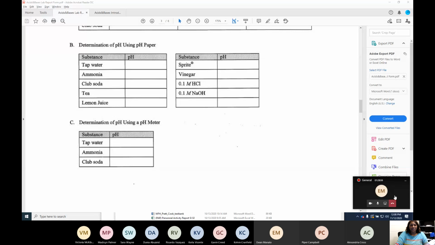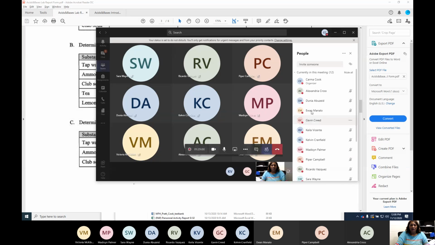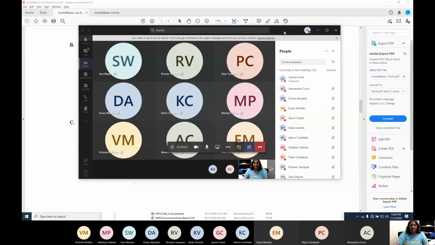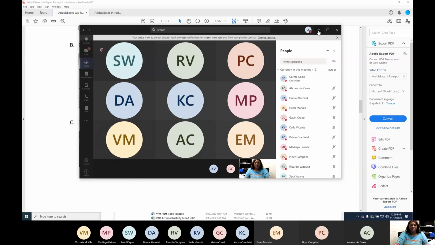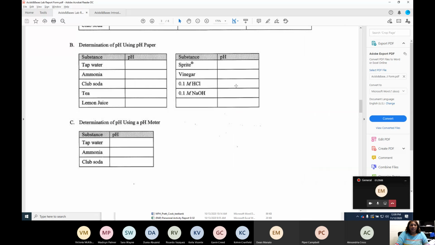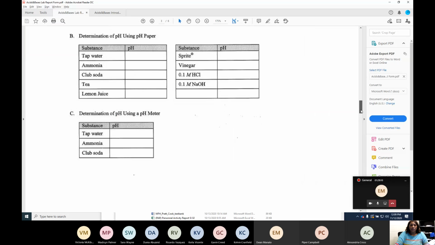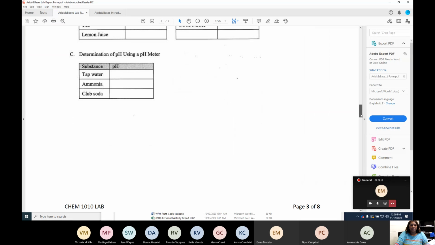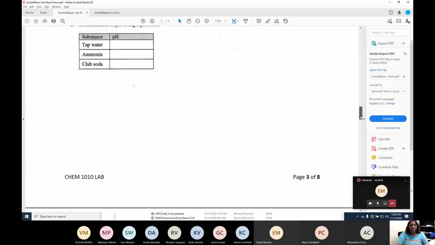Now you should be able to answer these questions very quickly because you should have these answers already. Moving right along then. There shouldn't be any questions about the pH meter. Those answers were very specific.